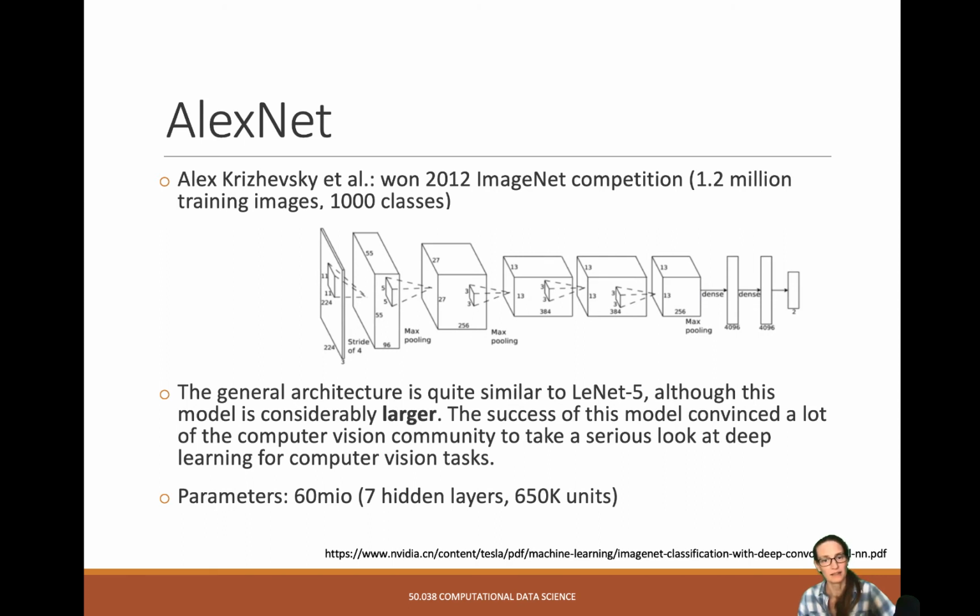AlexNet, we're skipping a few years in time here. We're going to 2012. This is 14 years further in time, when we're noticing the emergence of deep learning. AlexNet is basically a considerably larger architecture than the original LeNet.